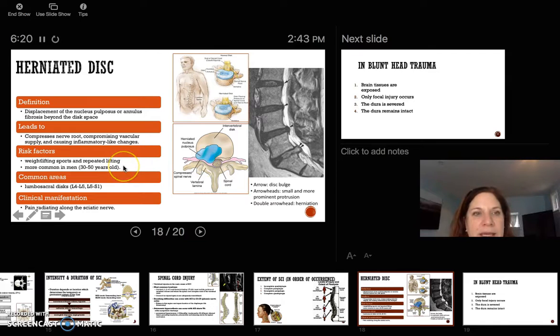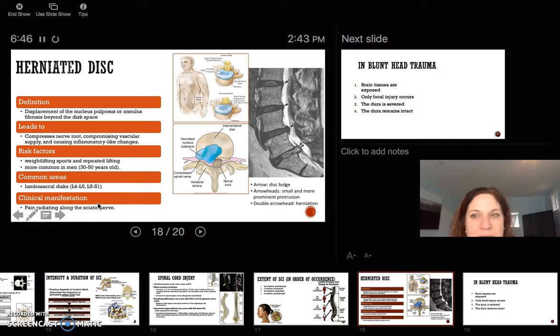Really common in men, again, and in people that are doing repeated lifting, so weightlifting. The most common areas for herniated discs are the lumbar region, so the lumbosacral region, L4 and L5, and L5 to S1. So if you remember, those were in the lower back. We can also have pain radiating down the sciatic nerve.